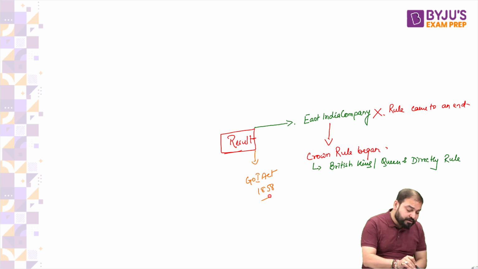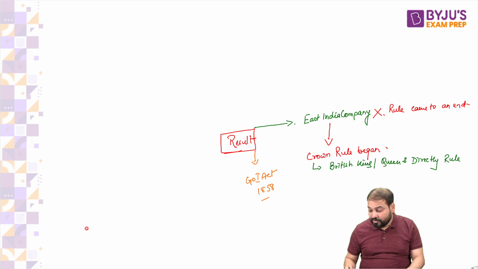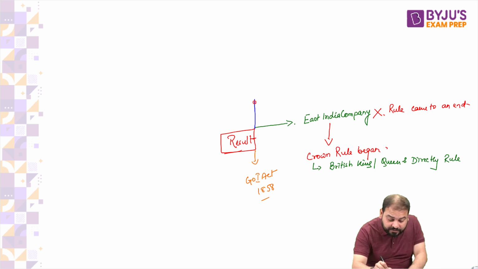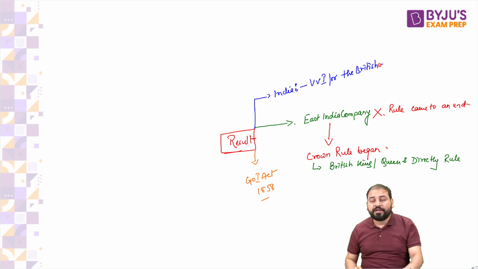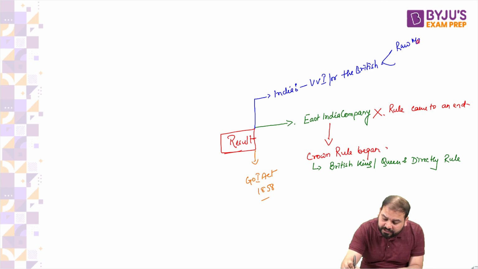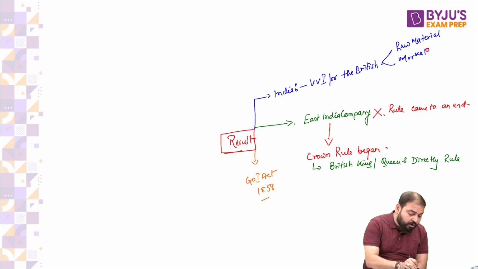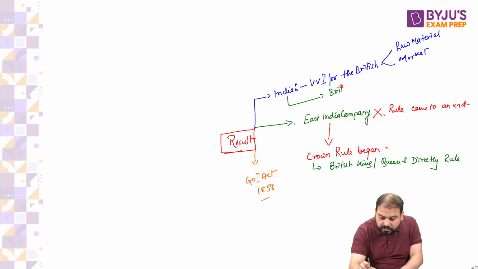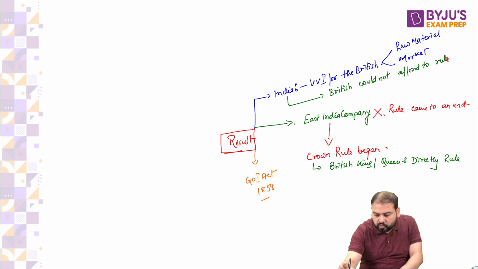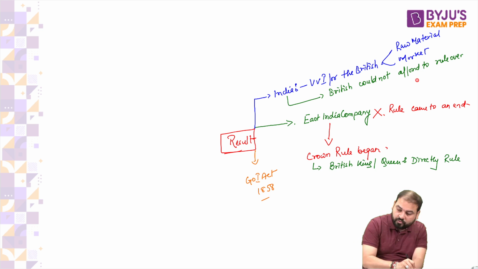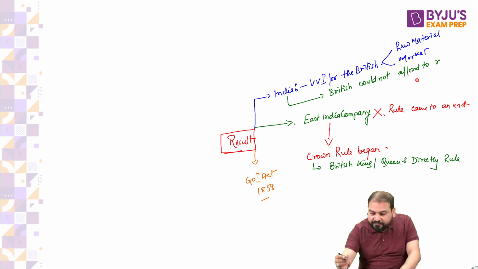Now, Raj is asking, sir, why could they not give independence? Okay, let me tell you. Please understand, India is very, very important for the British for two things. We have studied raw material and as a market. So the British could not afford to leave India.